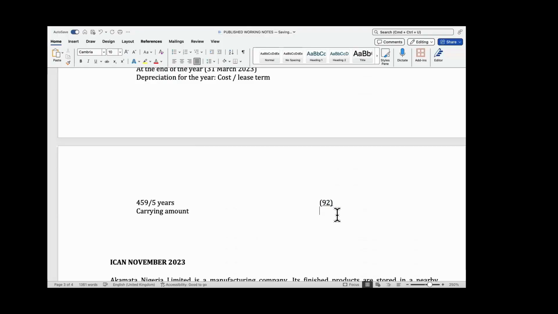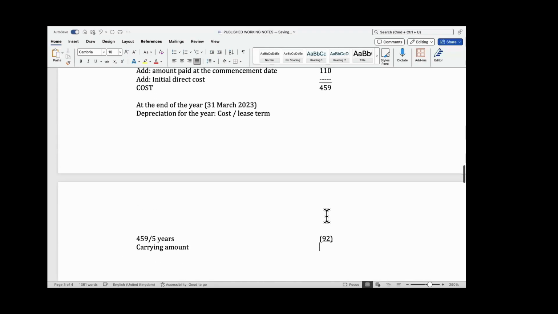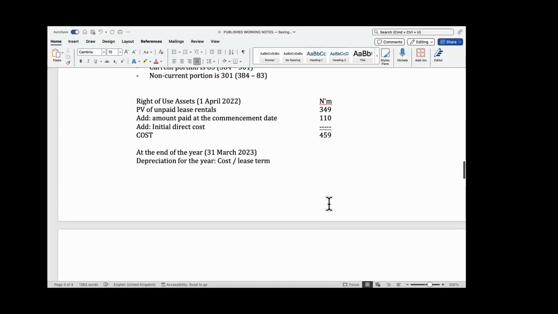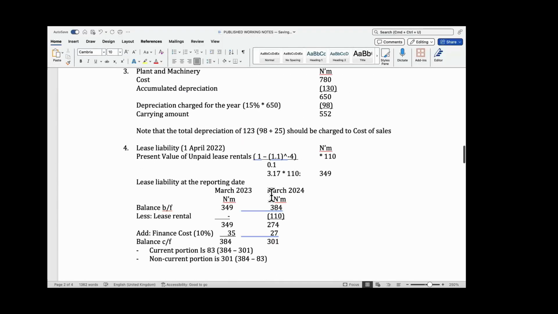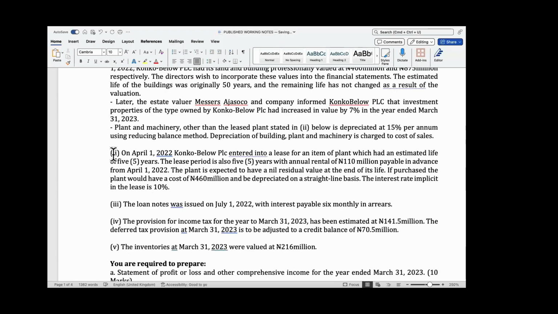How much is it? 367. 367? And that's the carrying amount of my right of use assets. And that's the workings for this.